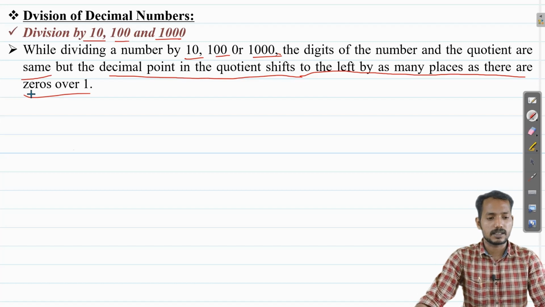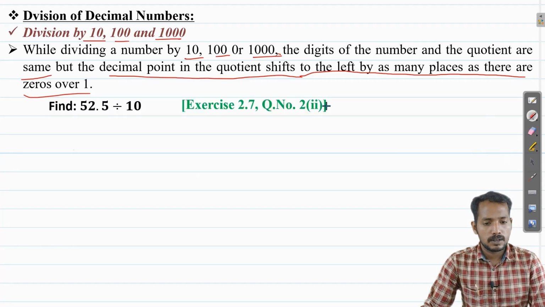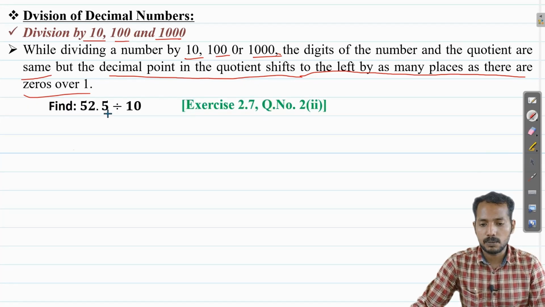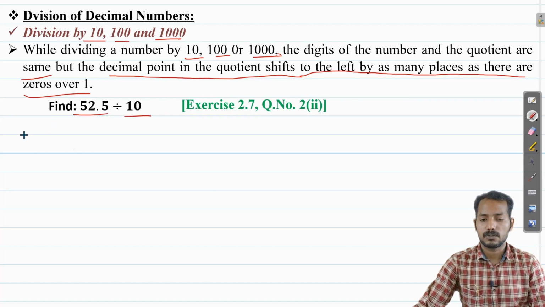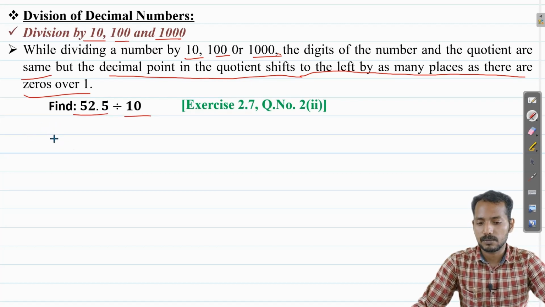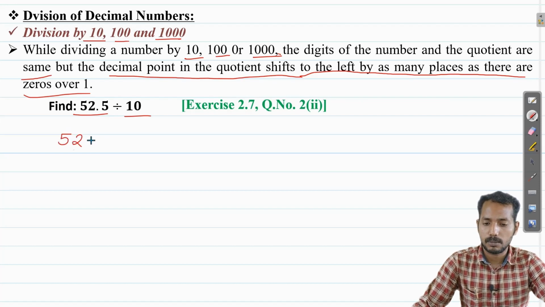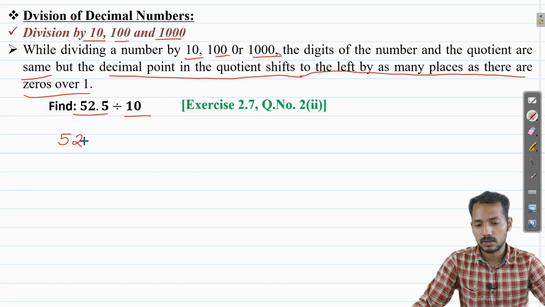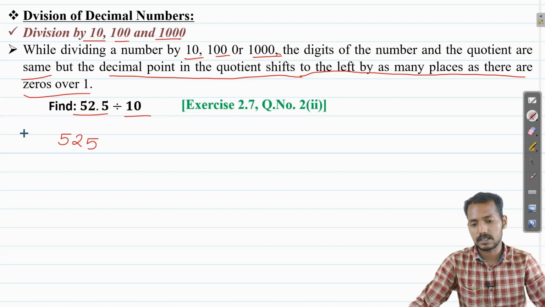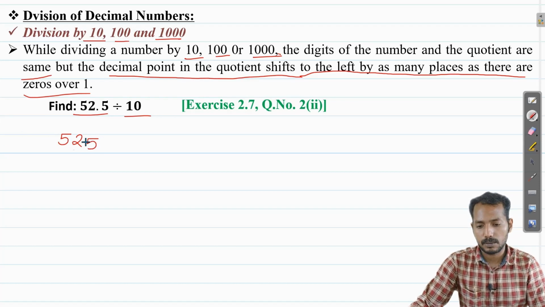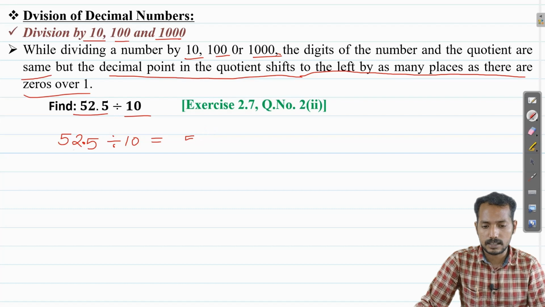So let's take some examples to understand this one. First one is 52.5 divided by 10. So just write the digits as it is, 5, 2, 5, no need to change that one.